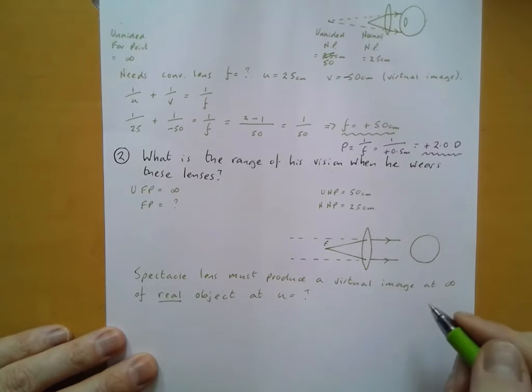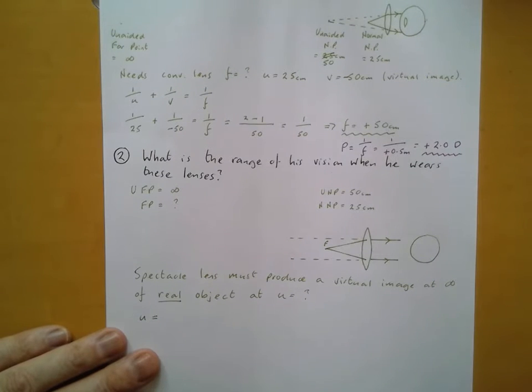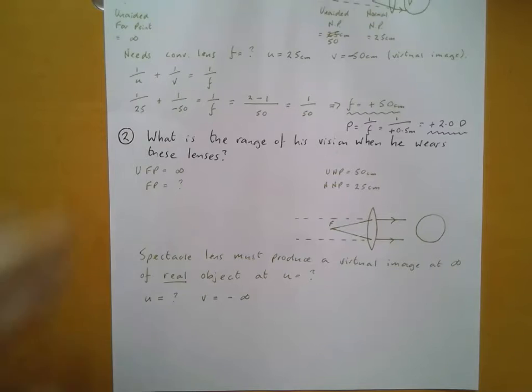So the object distance u is unknown, but v has to be infinity, more strictly negative infinity since it's virtual.